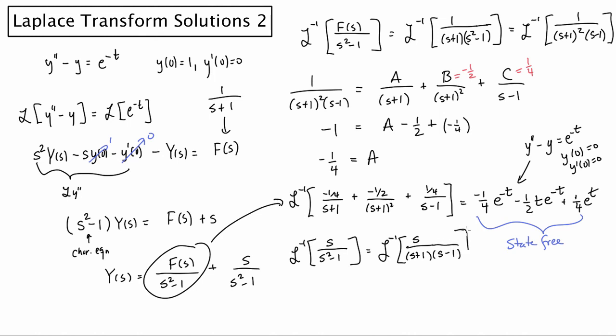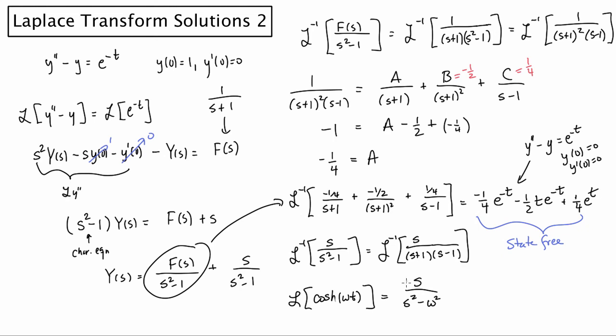But I want to remind you of a formula that we looked at in class, and that is the Laplace transform of the hyperbolic cosine of t. Let me do the hyperbolic cosine of omega t, because that's the formula we did in class. The hyperbolic cosine of omega t is equal to s over s squared minus omega squared.